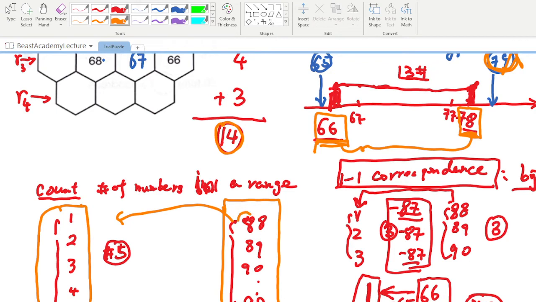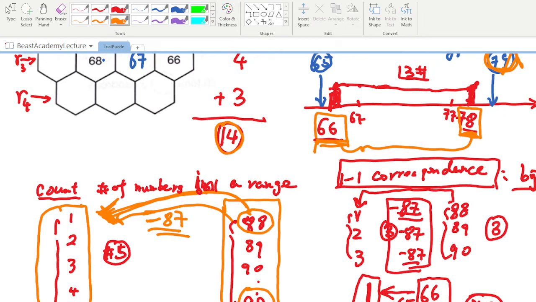So now let's convert the smallest number. If you have a range of consecutive numbers and want to count how many numbers are there, you want to convert the smallest number to what? 1. Yes. How can we convert 88 to 1? Minus 87. Now we do the same thing for the last number.